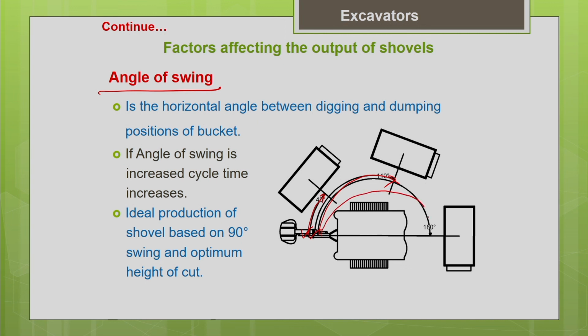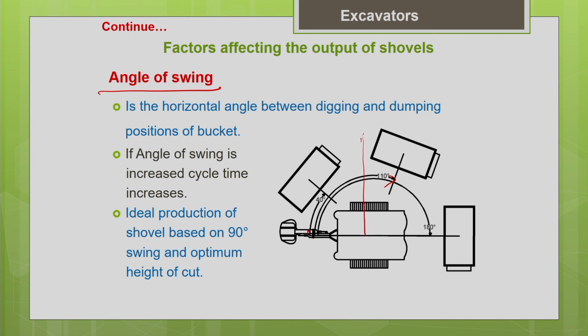It will vary depending upon the position of your truck. As I told you, for the ideal condition, it is preferable to place your truck close to the excavator. This is because these machines have poor mobility. So, that is why it is preferable to place a truck very close to the excavator. Very commonly you can see that the truck is placed at 90 degrees.